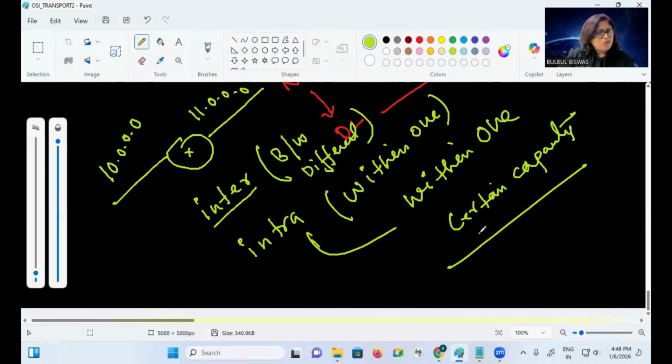Now, here is the question. When there is a traffic issue, you can see traffic guards standing there, managing the traffic and clearing the path. In the same way in the network, when there is huge traffic, who is managing it? Router is managing traffic. So what is congestion control?